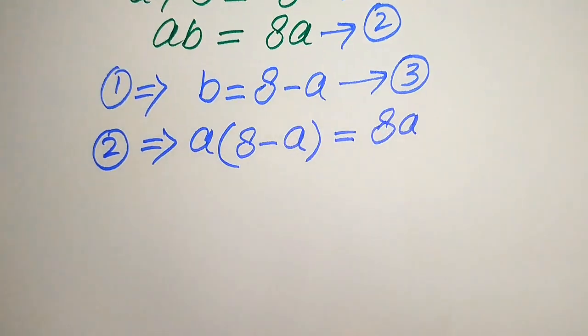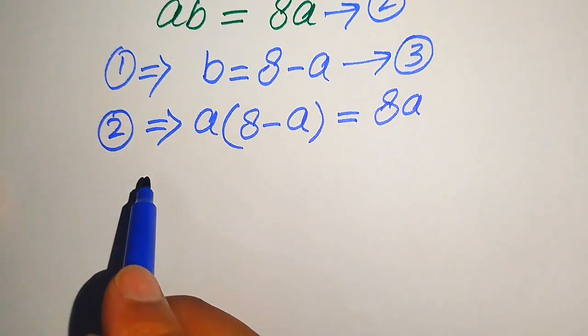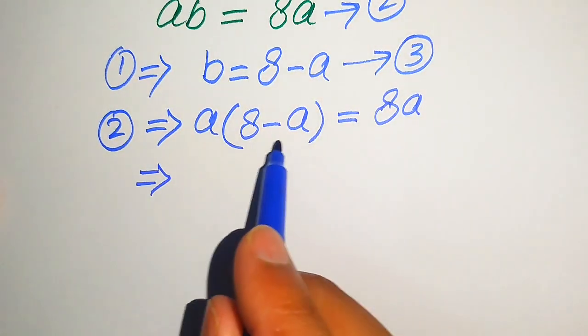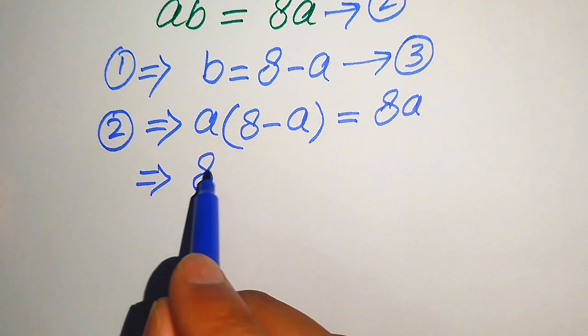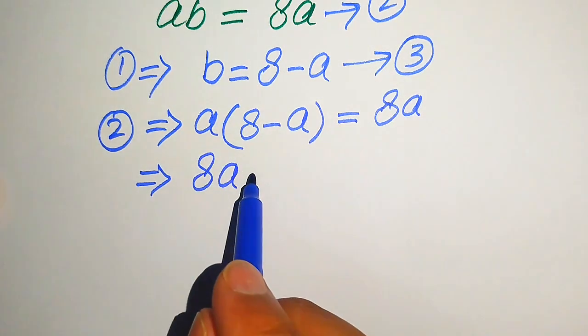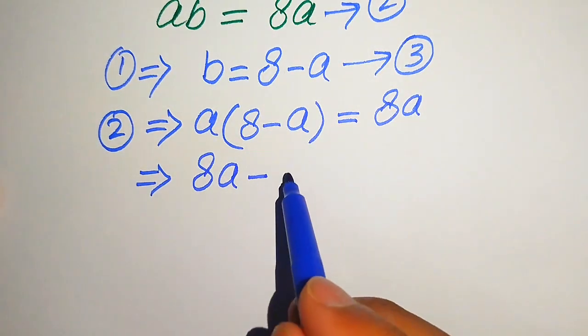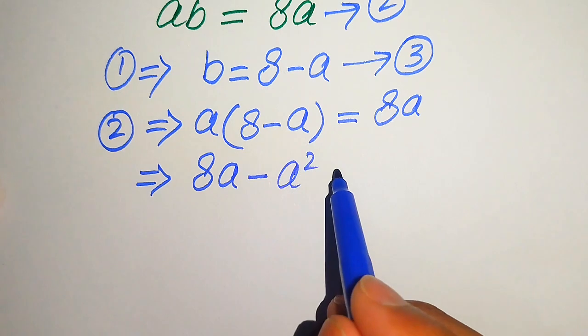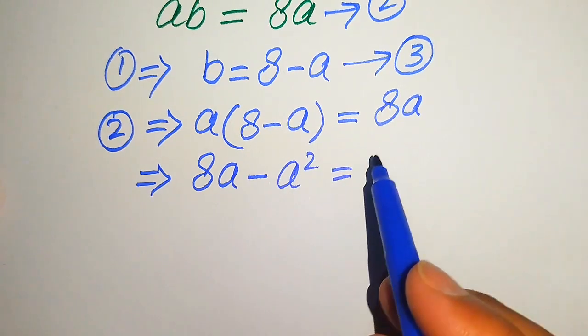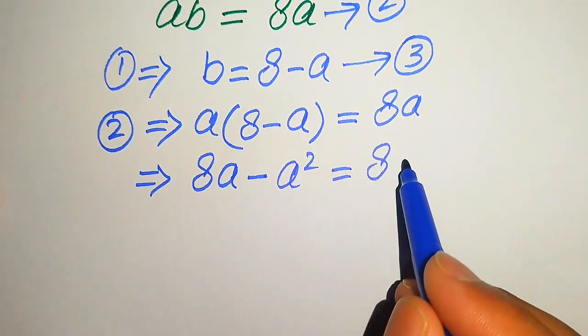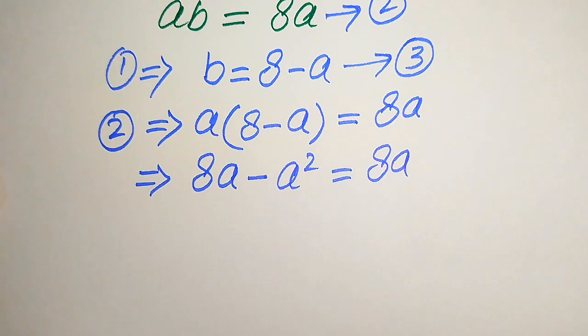And now in the next step we need some simplifications here, and we multiply this a on both of these values. It will be written as 8a minus a times a, which becomes a square, equals 8 times a.